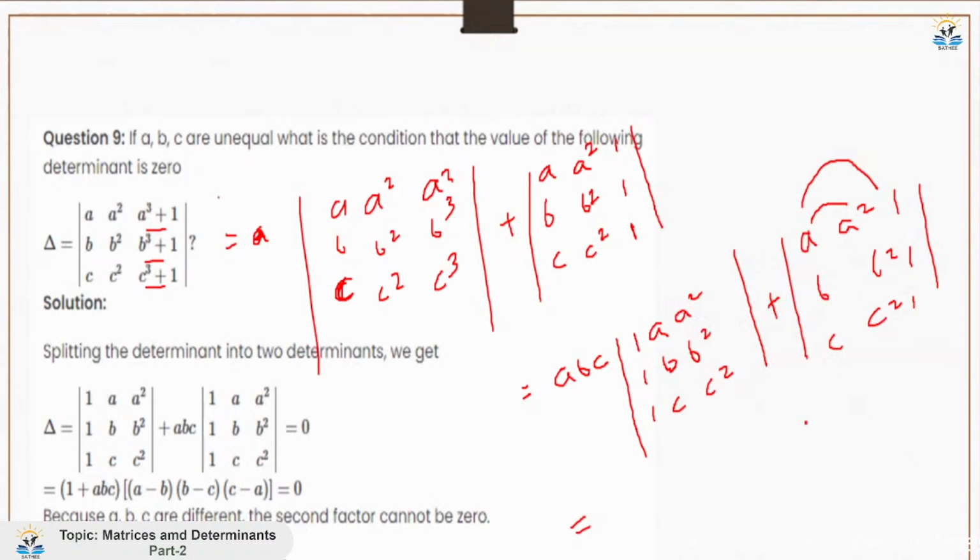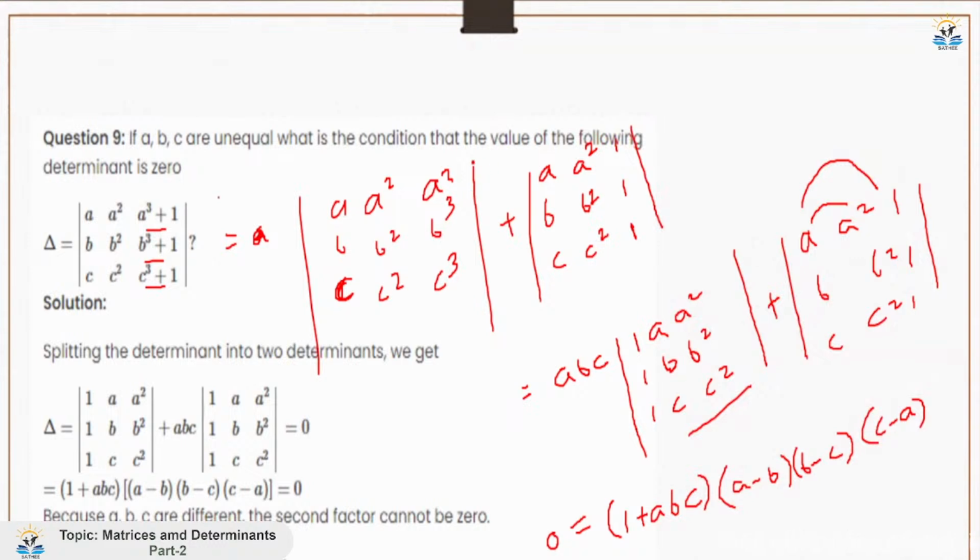So basically you are doing an even number of changes and you are converting this determinant into this one so that you can take this thing common, and you will be left with 1 plus ABC, multiplied by whatever you get when you evaluate this determinant: A minus B, B minus C, and C minus A, equal to 0.